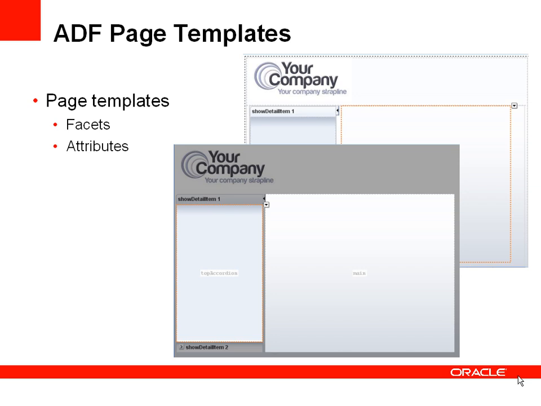So facets define the areas in the page where the developer using the template can put his own content. There is also another feature of templates called attributes, and this is a bit like passing parameters in a procedure call. It's a way of defining parameters or attributes to the template so that areas which might not be editable, for example the label that's used in the accordion panel on the left in the screenshot, can be set up to reference an attribute, and the person using that template can set the value of that attribute.